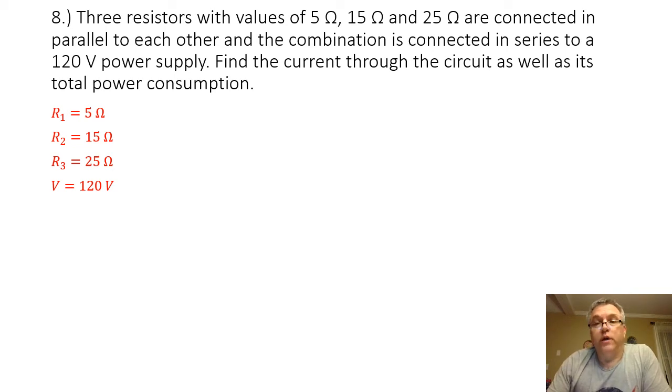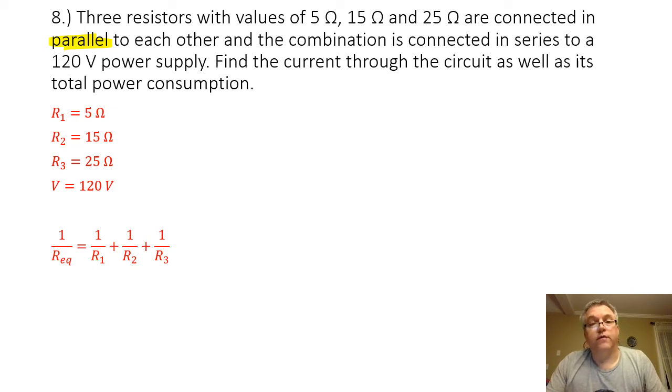So I know in order to find the current of the circuit, I am going to need the equivalent resistance. And because this is a parallel circuit, I know that the inverse of the equivalent resistance is equal to the sum of the inverses of the individual resistors.